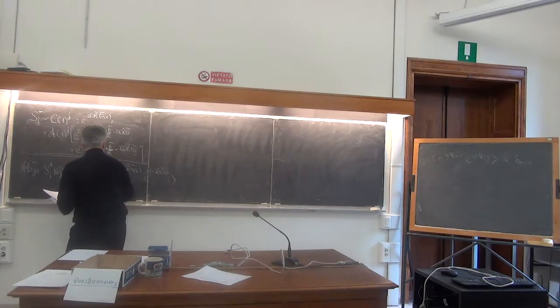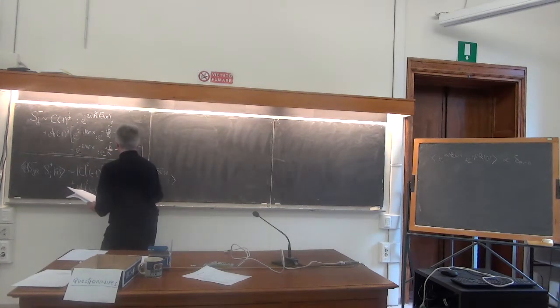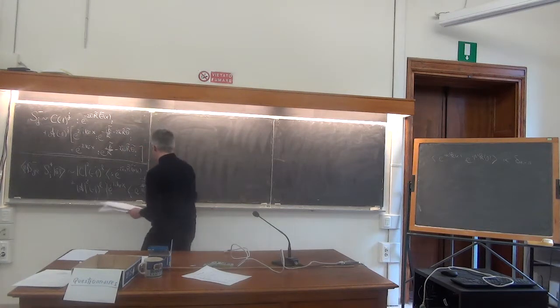e to the 2i k_F x. And here you have now this one here: e to the minus i phi tilde r tilde minus 2 pi i r tilde theta tilde, with e to the plus i phi tilde r tilde plus 2 pi i r tilde theta tilde at 0.